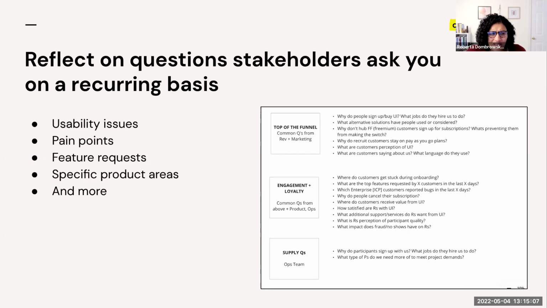And so some things that we thought about were usability issues, pain points, feature requests, specific product areas. My team and I actually thought about the whole funnel of our customer journey as well. We typically will get top of the funnel questions from marketing and sales. How do people buy our products? What are they looking for? What do people say? Then post-purchase, what are customers saying?